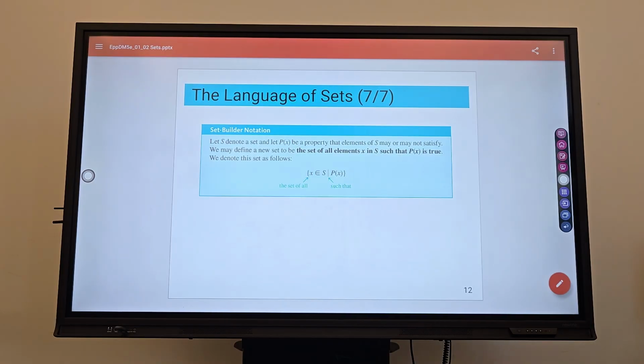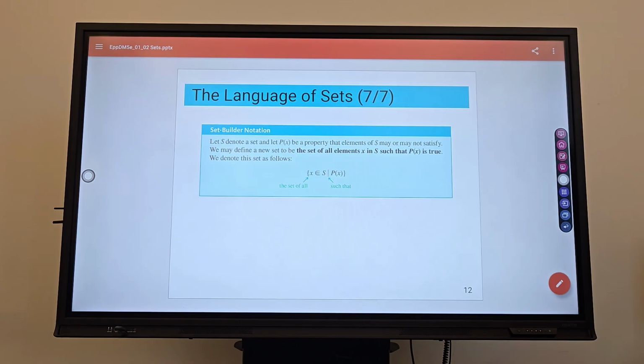Set builder notation. Let S denote a set, and let P of X be a property that elements of S may or may not satisfy. We may define a new set to be the set of all elements X in S such that P of X is true.